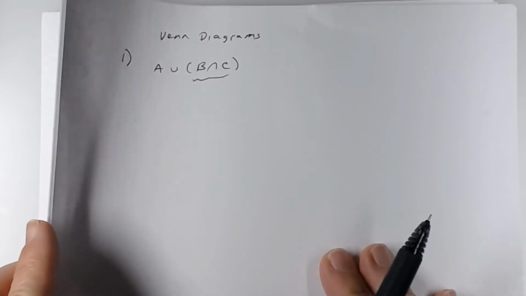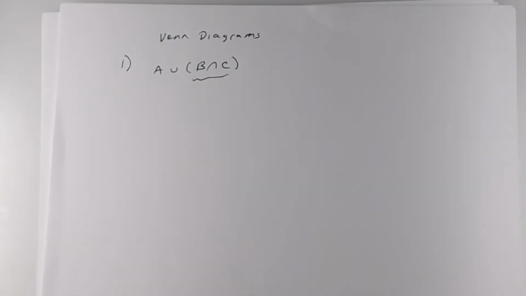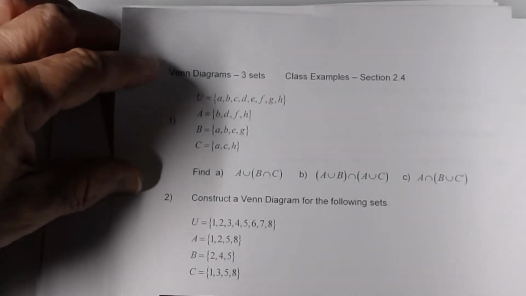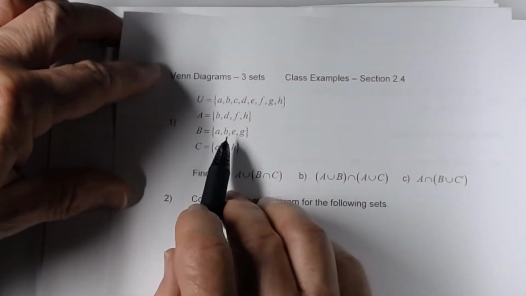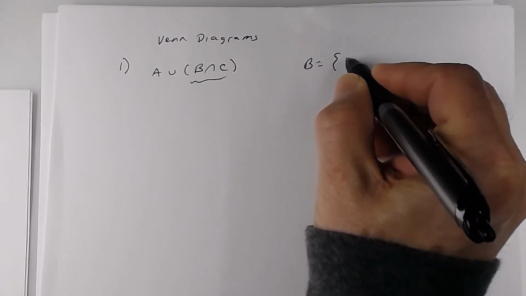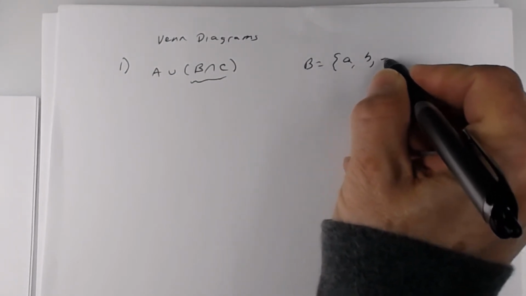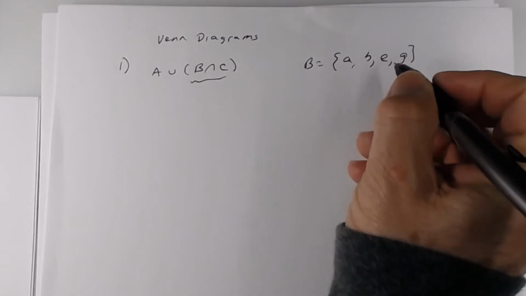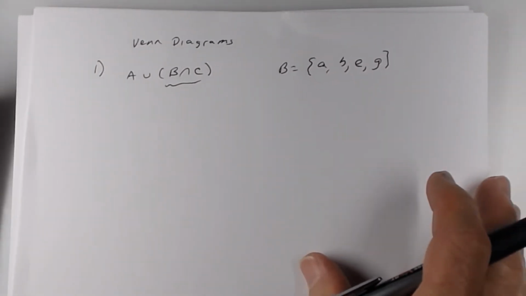So here's B. I'm going to write B out here. B is the set that has the elements A, B, E, and G. Y'all agree? Just reading from the handout.